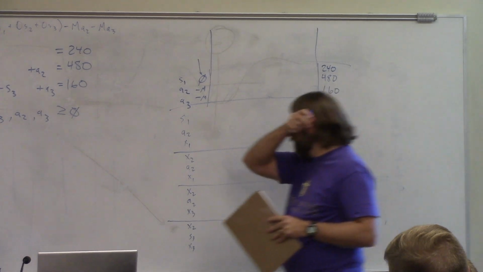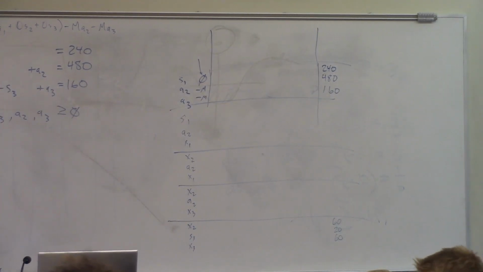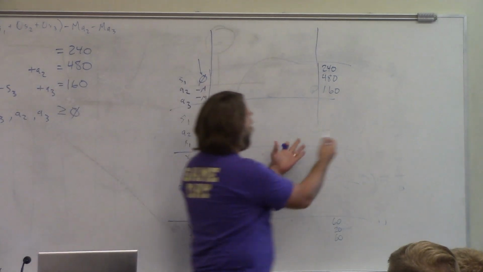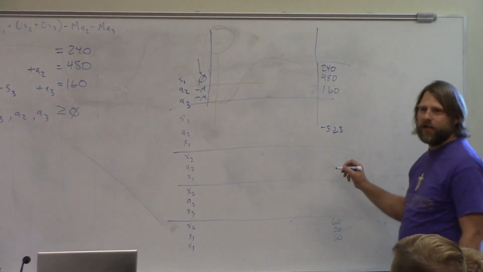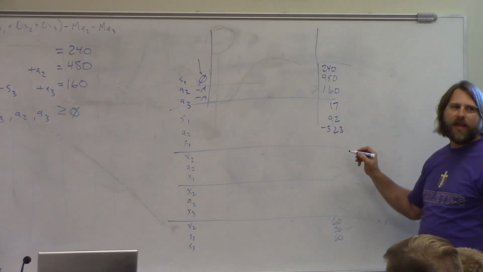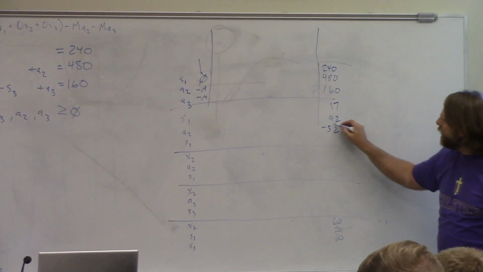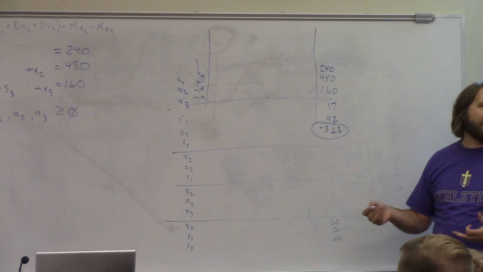One additional area that may have been confusing because it was in your reading, but I didn't explicitly say it in lecture, is what to do if over here you got some value like negative 523. Because that is smaller than 17 or 92. We don't pick this one, even though negative 523 is smaller, because it's negative.